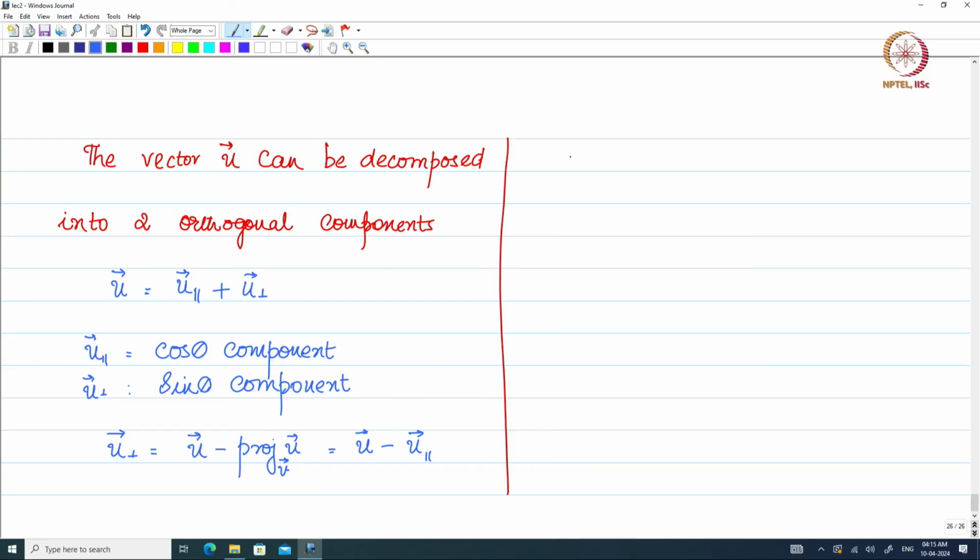So, to summarize what we have done in the overall module, we studied the idea of vectors and points.